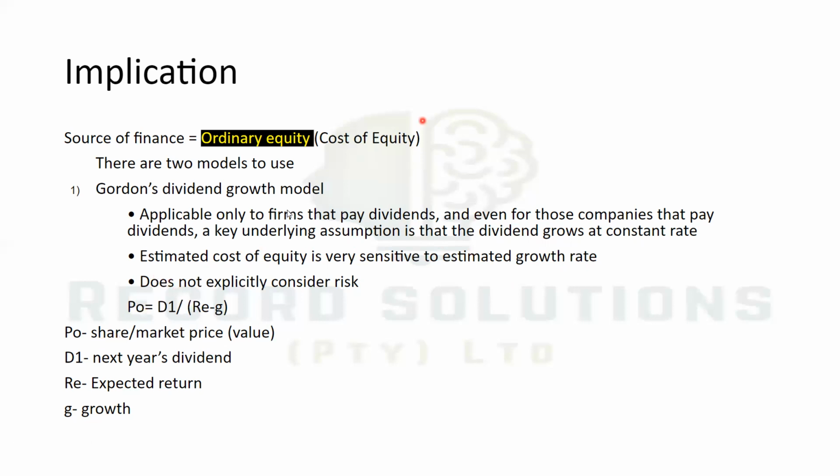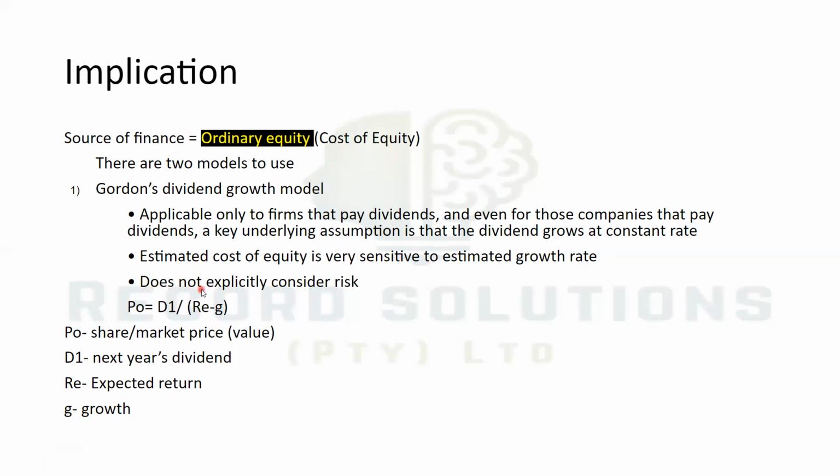And then for the dividend growth model, the estimated cost of equity is very sensitive to the growth rate. So this one is good for what? For growing companies. If a company is still in its growing phase and it issues dividends, then most probably you can use this model. But you'll see that the choosing part is not the issue.